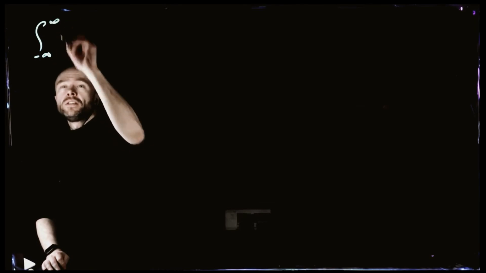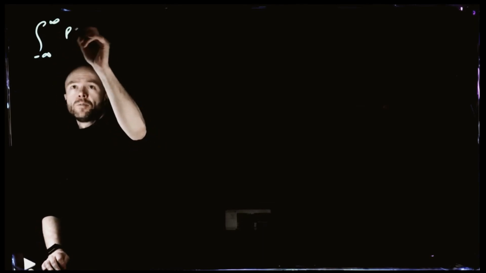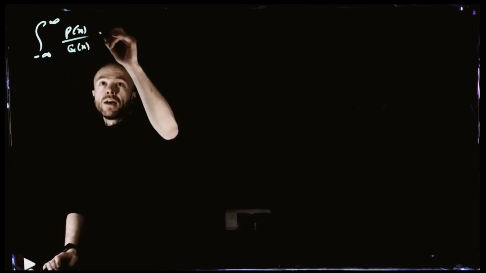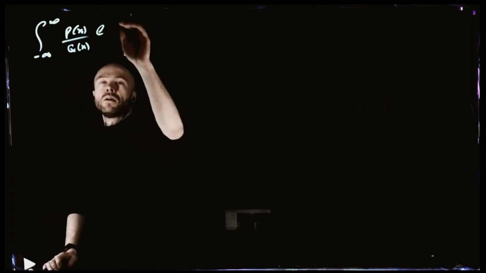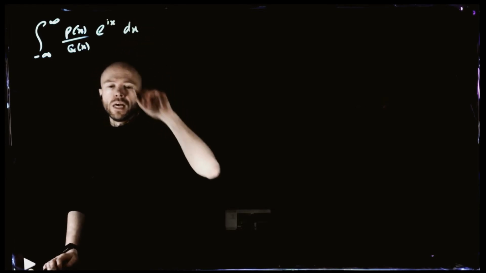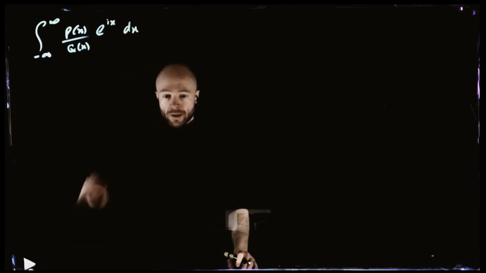Okay, now we're going to learn the following. Sometimes we're going to be interested in integrals of this form: the integral from minus infinity to infinity of a rational function, p of x over q of x, times e to the i x, dx. What's the point of this?